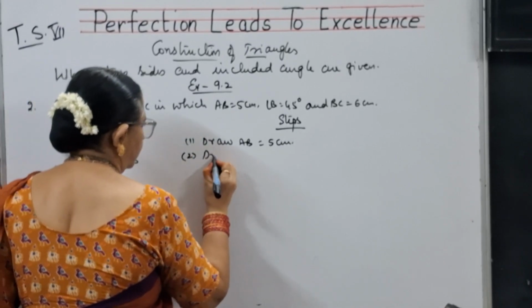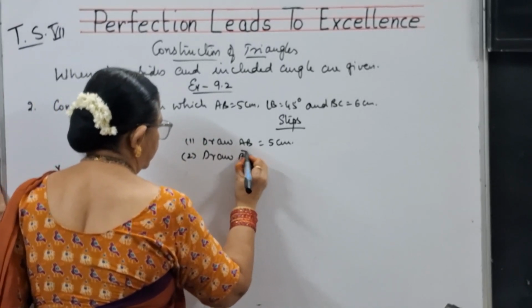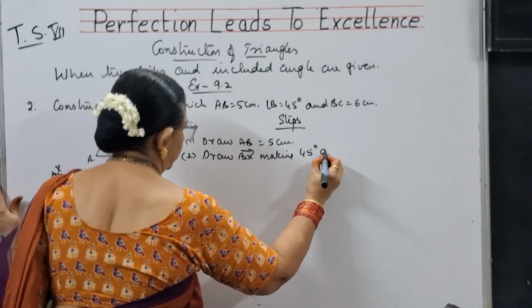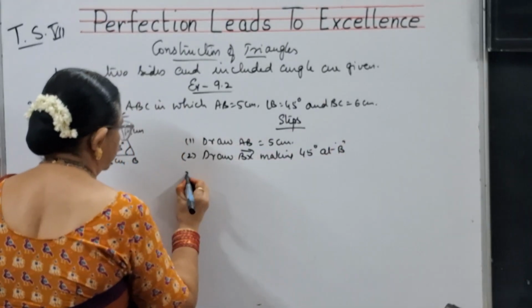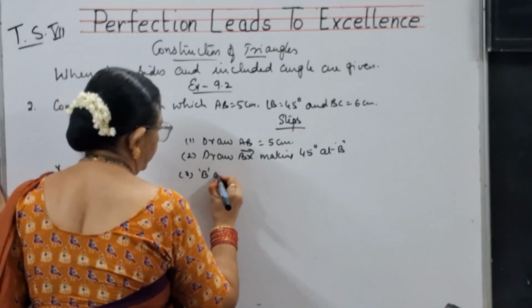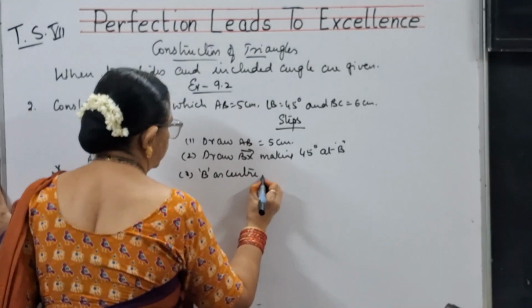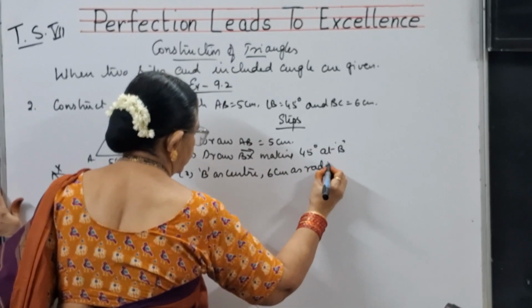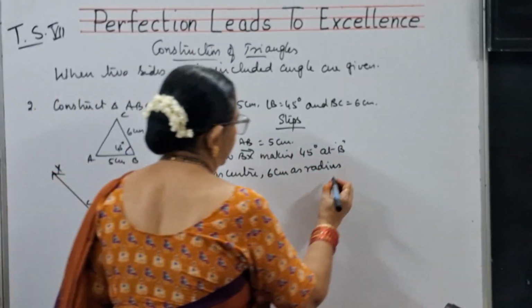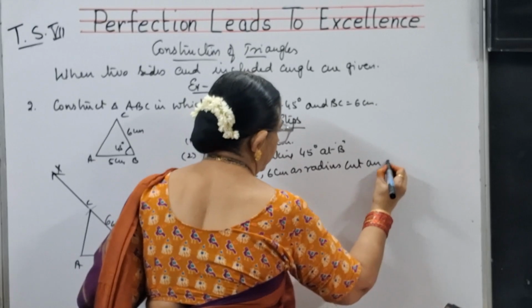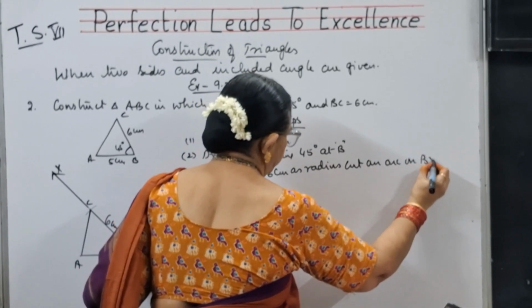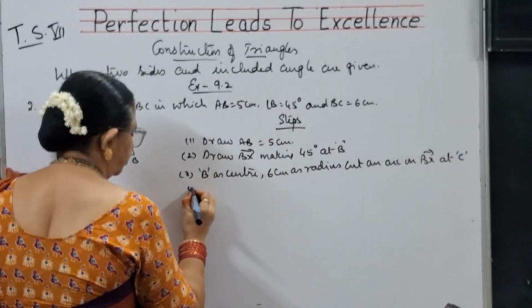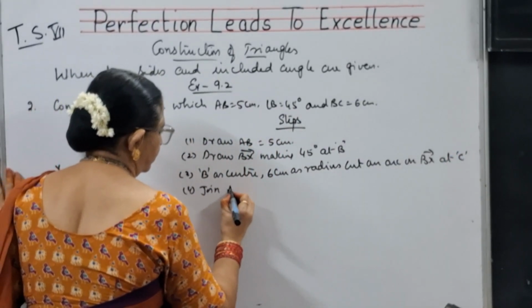Second one, draw B X-ray making 45 degrees at B. Third point, B as center, 6 centimeters as radius, cut an arc on B X-ray at C. Fourth point, join AC.